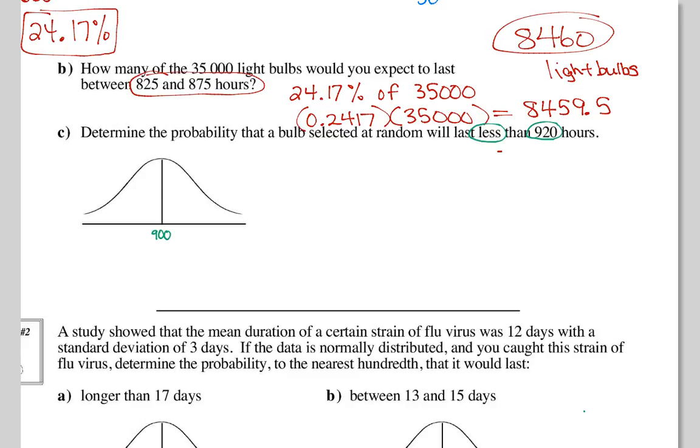So 920 is off to the right, and it's probably really close to it, right? Good. So that's 920. Yeah, 1 standard deviation. Good.